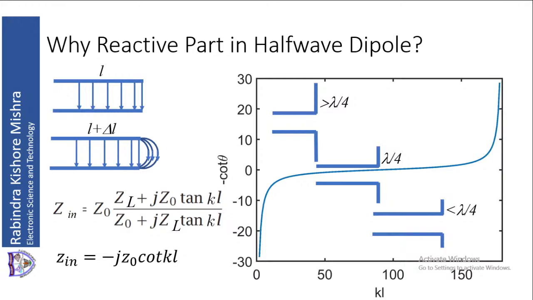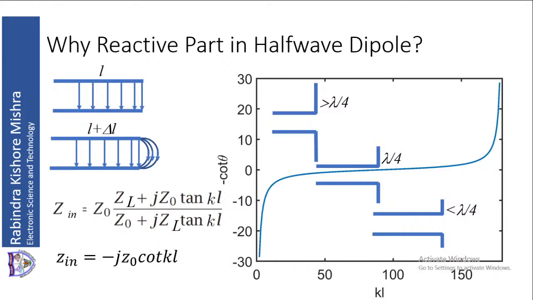Now if we move a distance of a quarter wavelength on a transmission line, then at that point we get an input impedance of the form minus j Z0 cot kL.